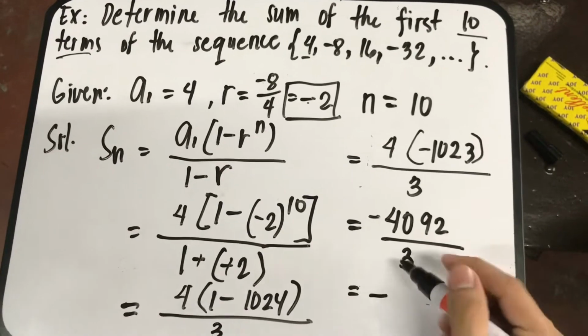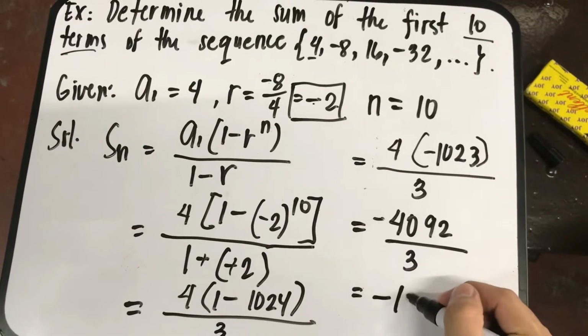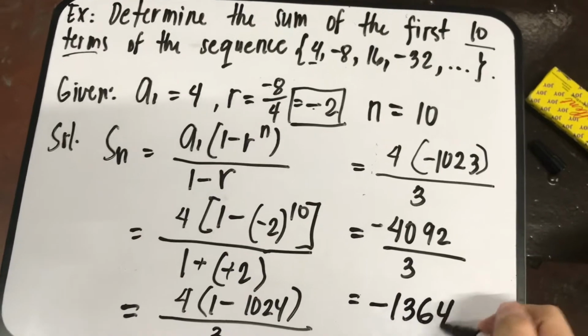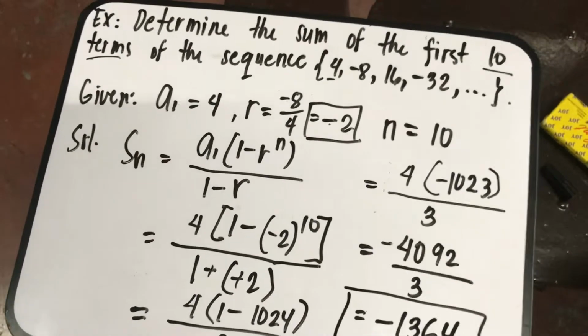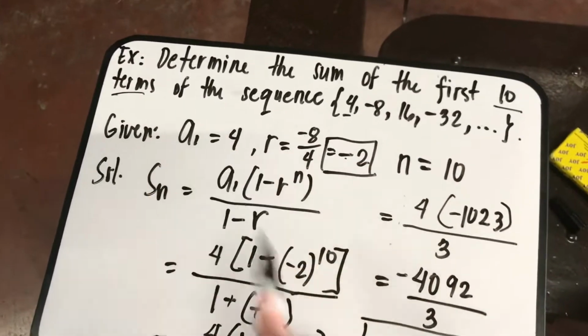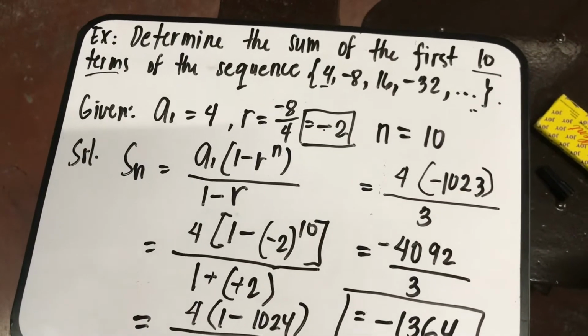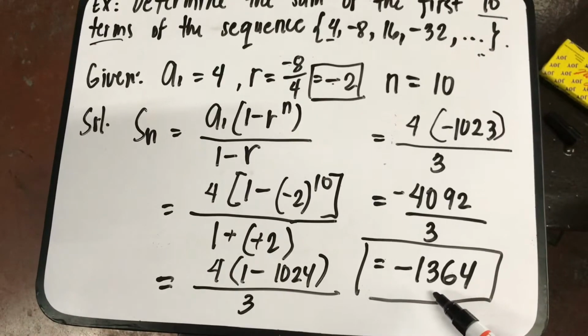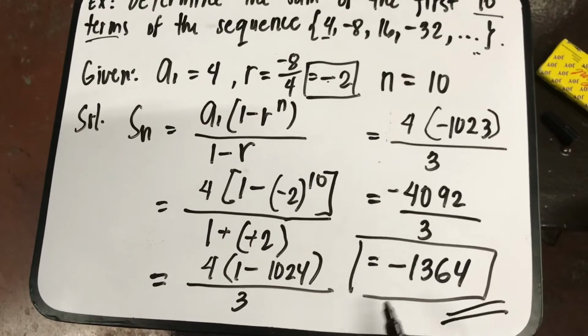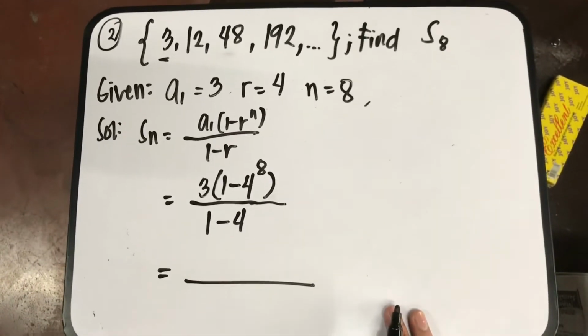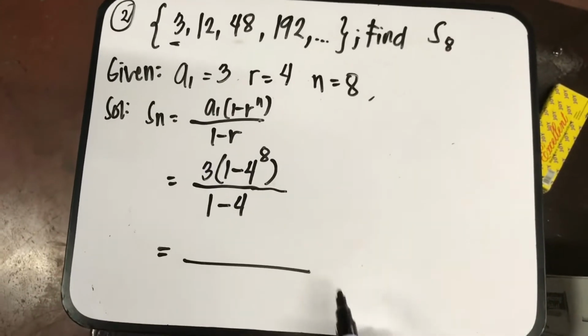And negative 4092 divided by 3 is negative 1364. So, ibig sabihin, the sum of the first 10 terms of this sequence is negative 1364. Nakuha?